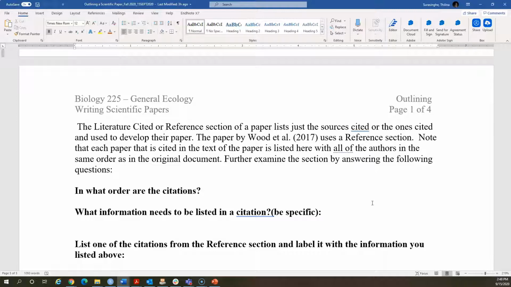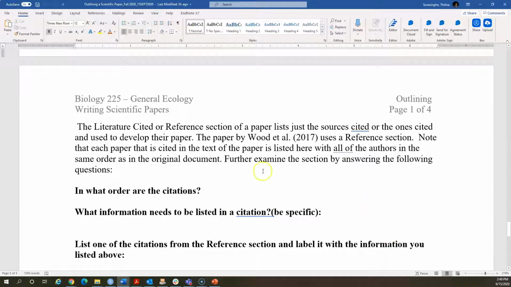So the paper by Wood et al. uses this reference section. Note that each paper that is cited in the text of the paper is listed in this reference section with all of the authors, right? It lists all the authors of the work cited, and it tells you whether it's a journal, a book, a book section, or a technical document. It provides all of this information, right?